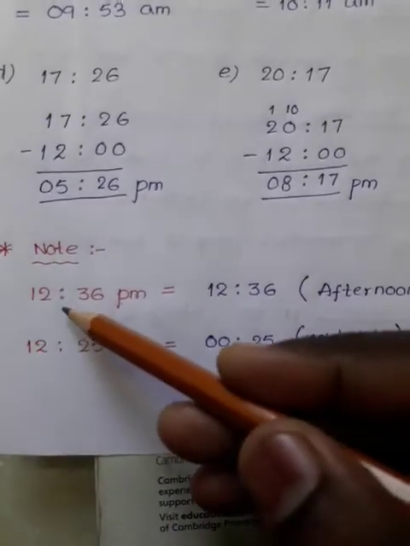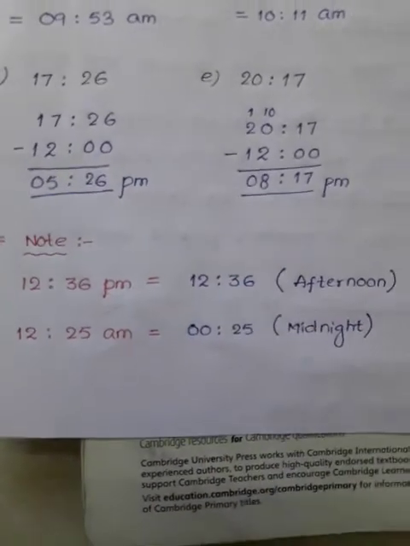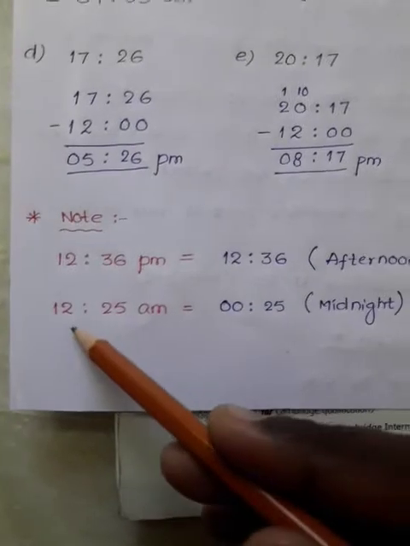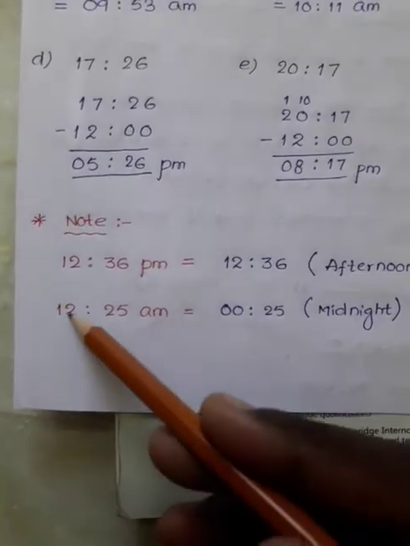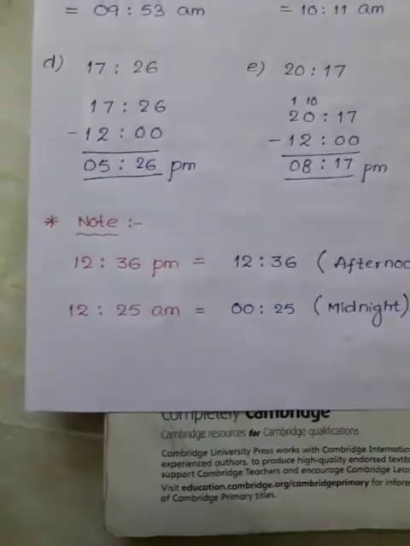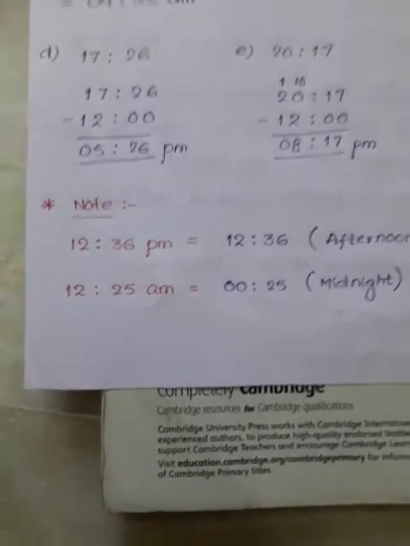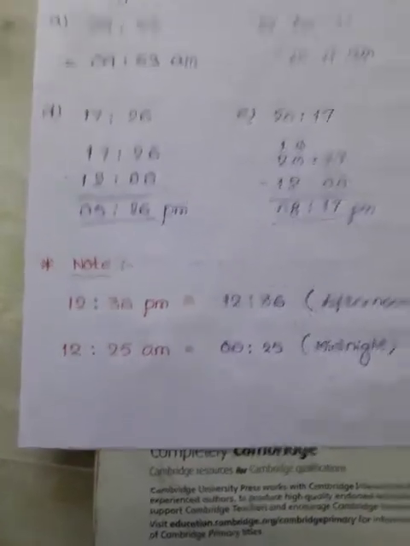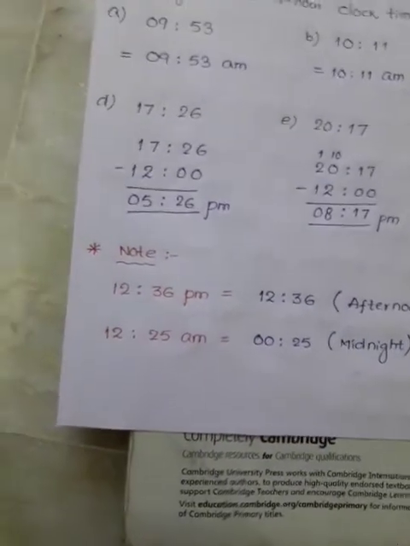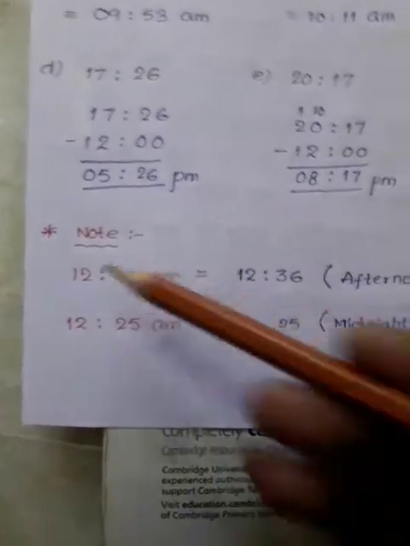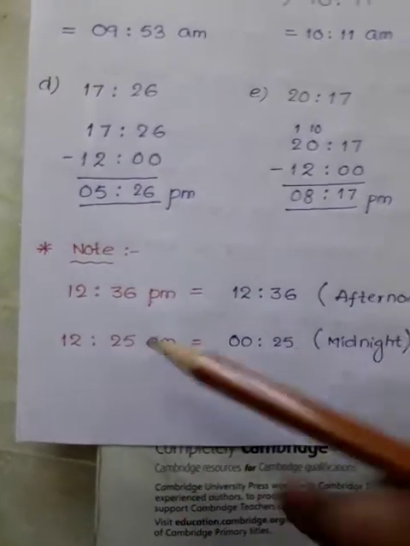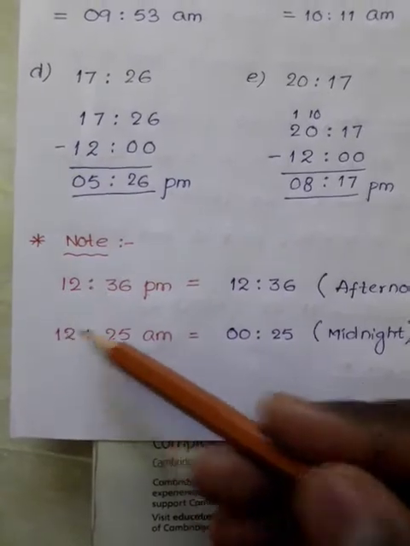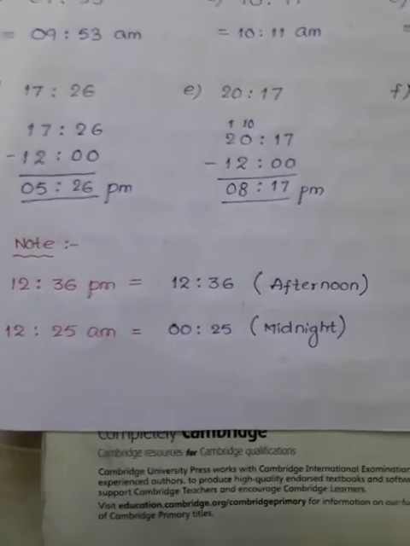So whenever 12:36 PM, write it as it is and remove the PM. Whenever 12:25 AM, it cannot be 12:25 as it is, because that would be midday. AM means midnight. We have two 12s: one is in the midnight, one is in the afternoon. The one in the afternoon, write it as it is. The one in the midnight, in place of 12, we have to write 00. Clear?